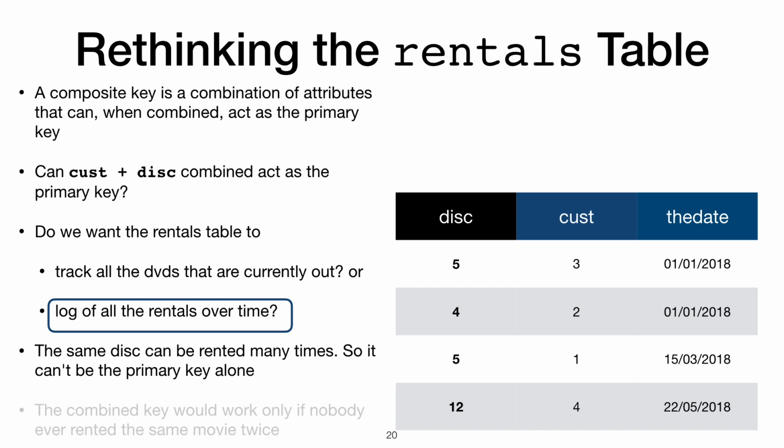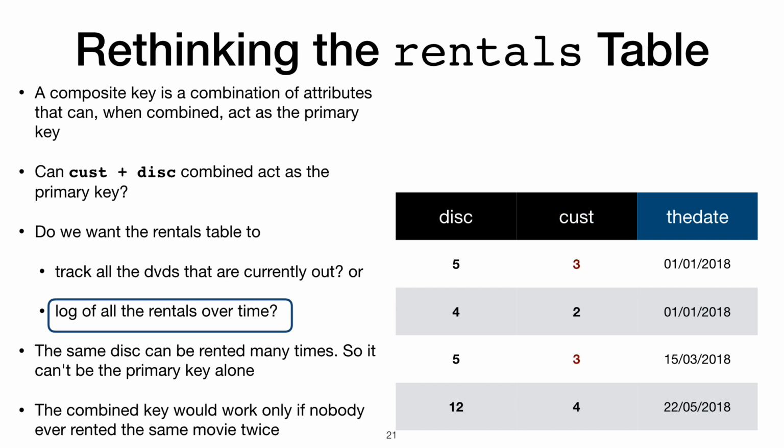So in this scenario, because we're keeping a log of what was rented, the same disc can be rented many times, and it could appear in the table many times, because we're not deleting it when it comes back. We're keeping it in there. So the disc can't be the primary key all by itself because it needs to appear more than once.